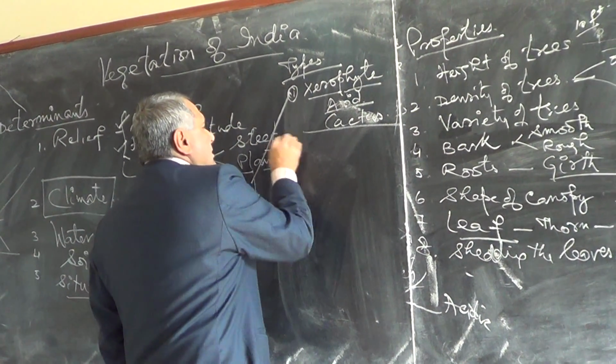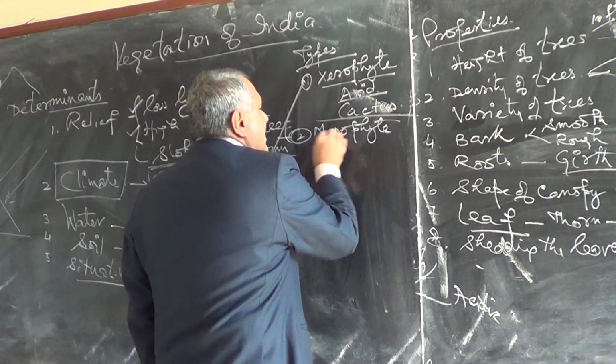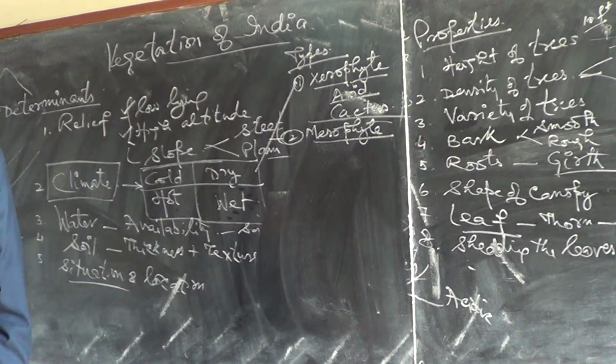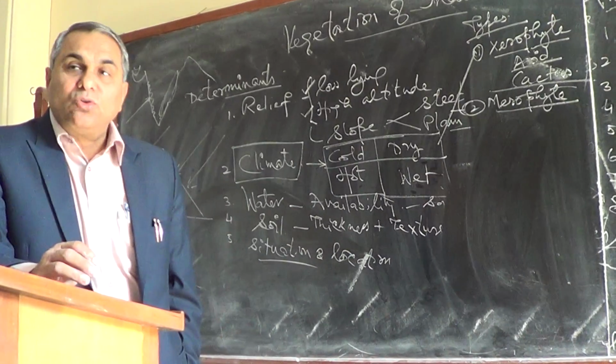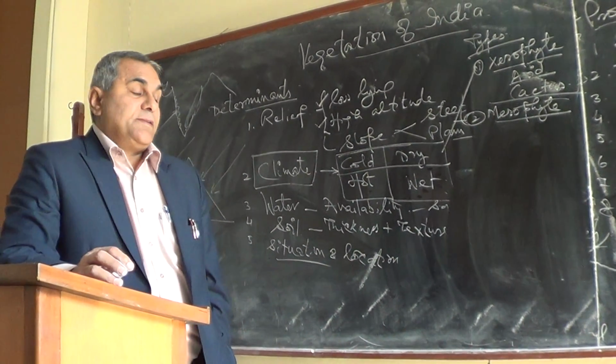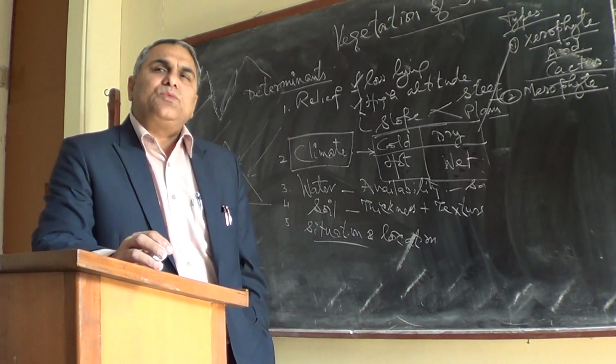Another is mesophyte. Mesophytes are the vegetation which could sustain in moderate climate, though there is a great range. There is one climograph.